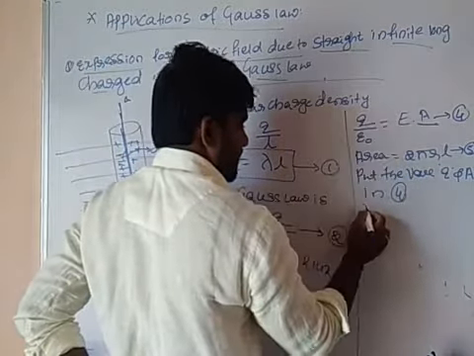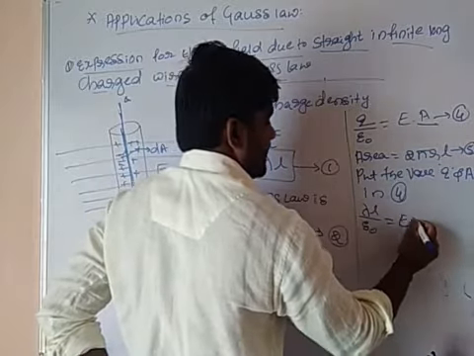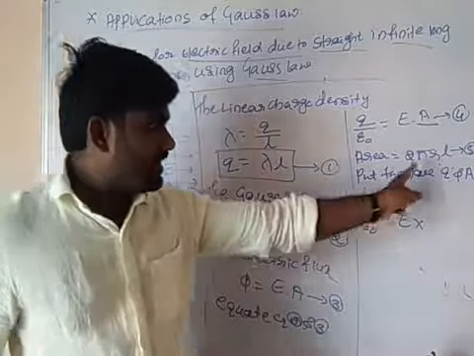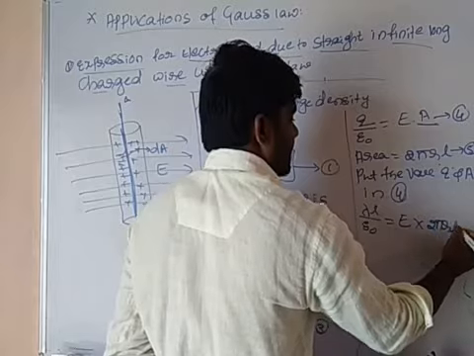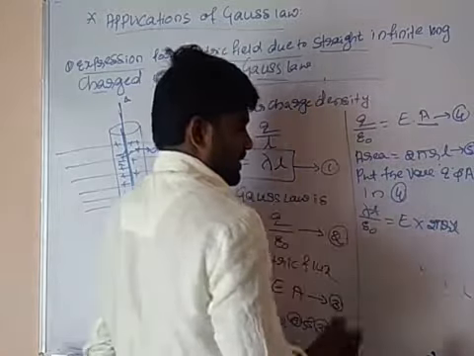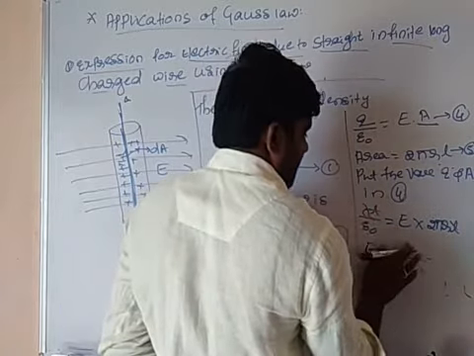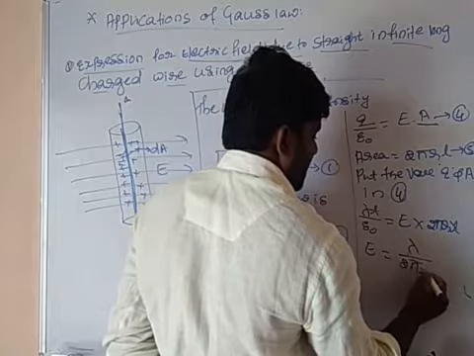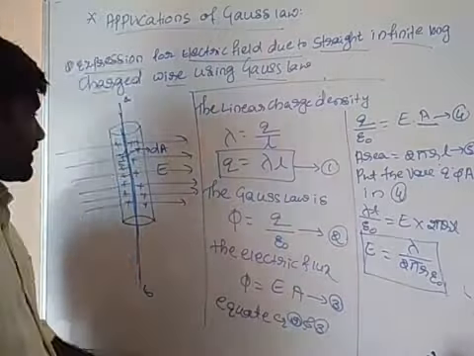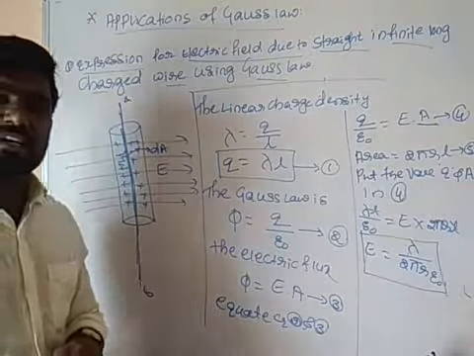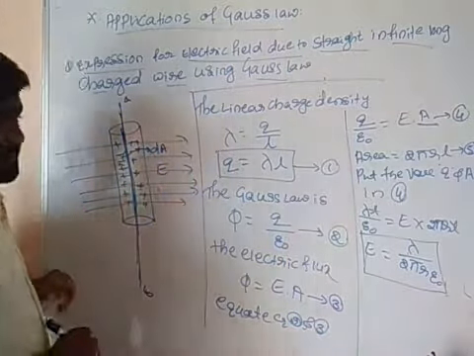This will be lambda into L divided by epsilon naught is equal to E into area, and the area will be 2 pi R into L. L gets cancelled. So E is equal to lambda divided by 2 pi R epsilon naught, which is the expression for the electric field of an infinite long straight wire using Gauss law. It is your first application.